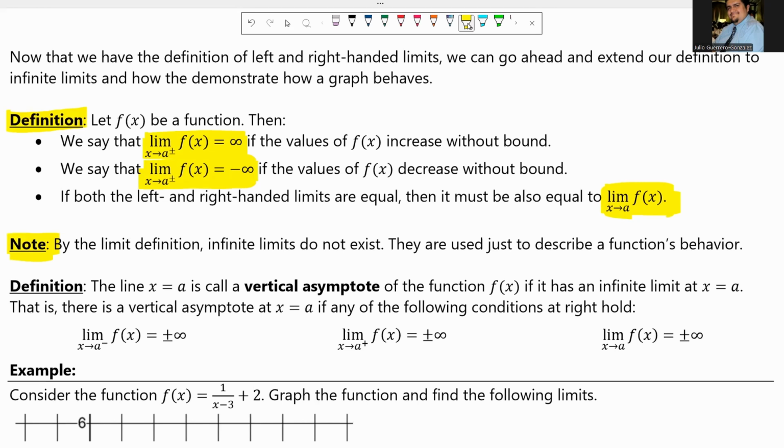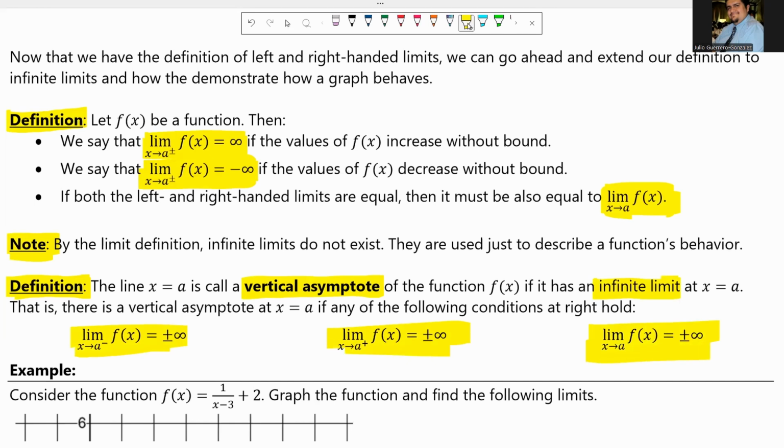Okay, finally, we get to this example right here, this definition right here. This is the bona fide example now of a vertical asymptote, okay? A vertical asymptote, okay, is wherever you have an infinite limit. So basically, where any one of these three are true. 1, 2, 3.